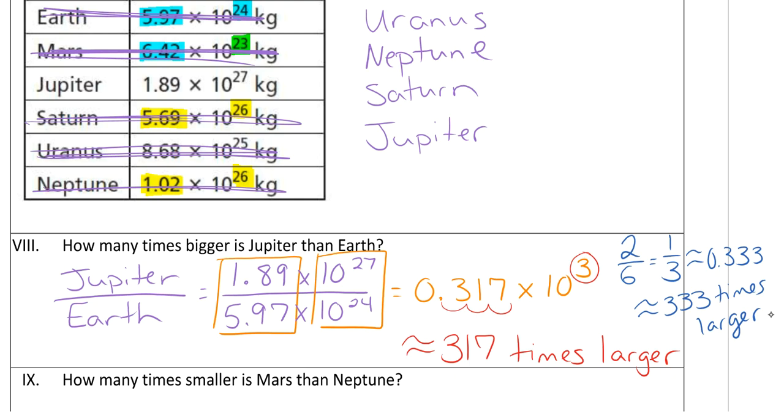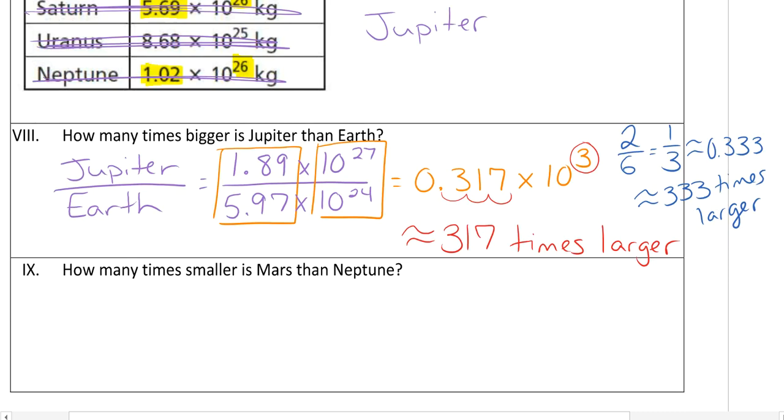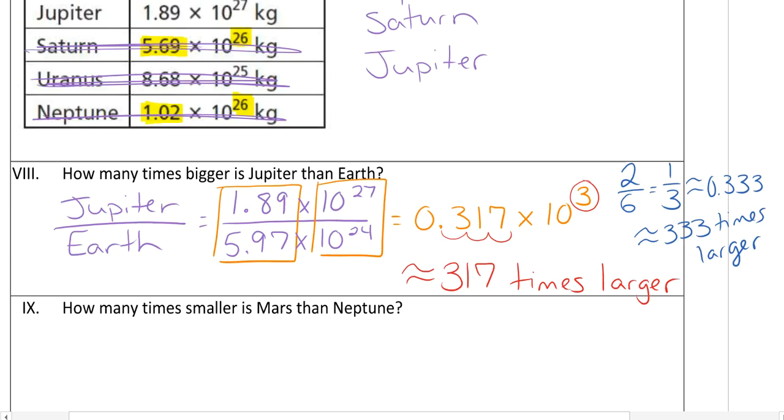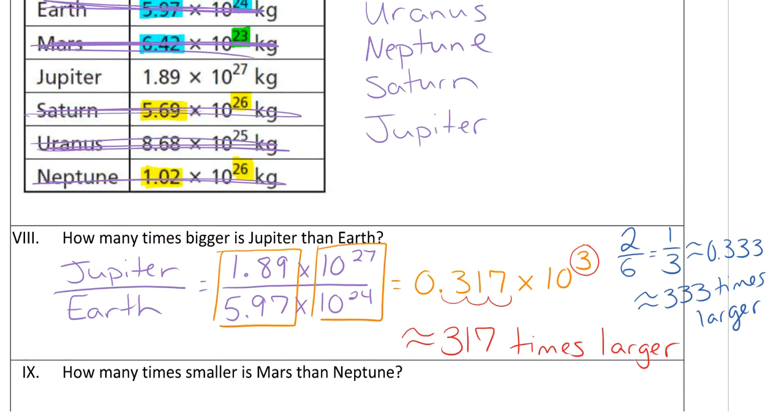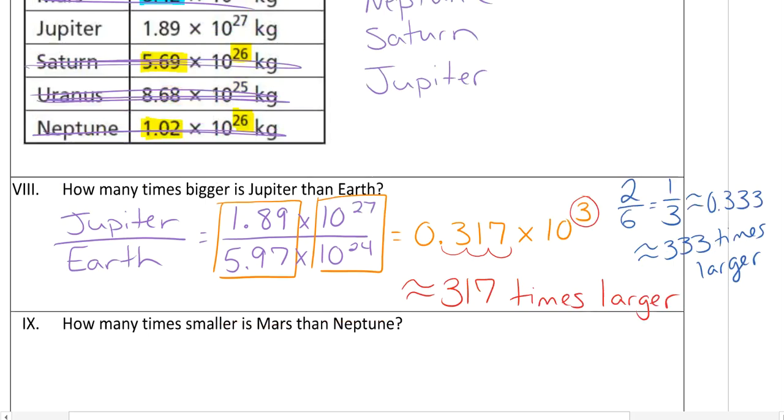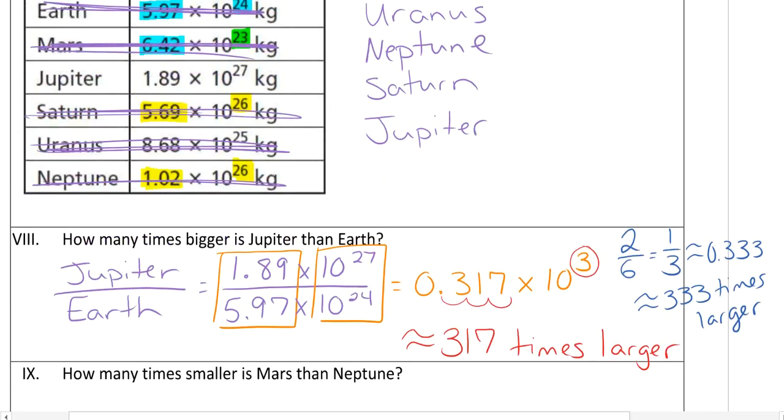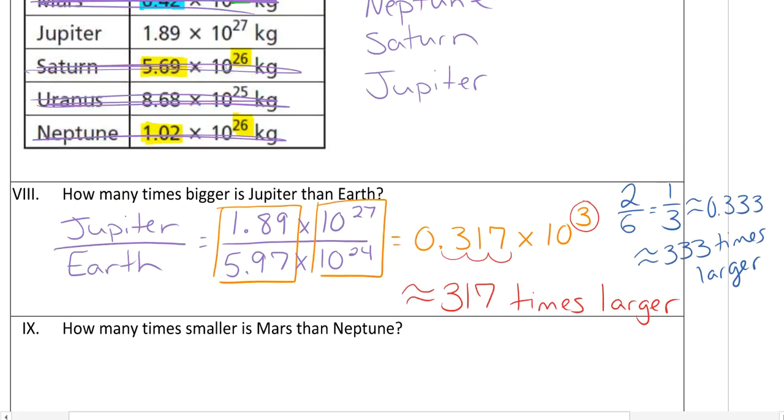All right. Our last question, number 9, says, how many times smaller is Mars than Neptune? Okay, so if we compare Mars, Mars is 6.42 times 10 to the 23rd divided by Neptune, which is 1.02 times 10 to the 26th.